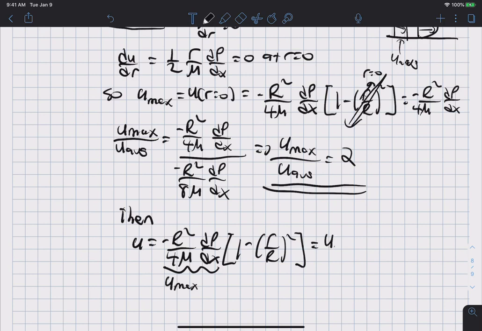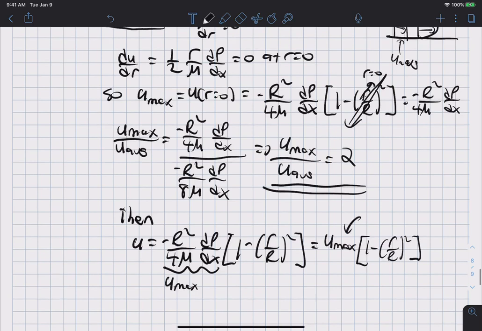So this equals Umax times 1 minus r over cap R squared. Or you could say that Umax equals twice the average velocity. Okay, and so you will quite often see the velocity profile written in terms of Umax.